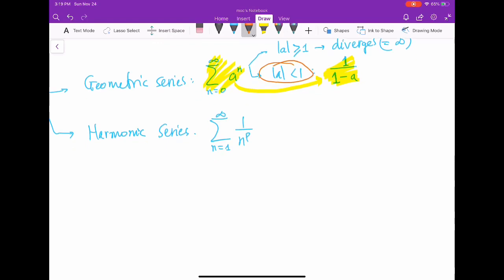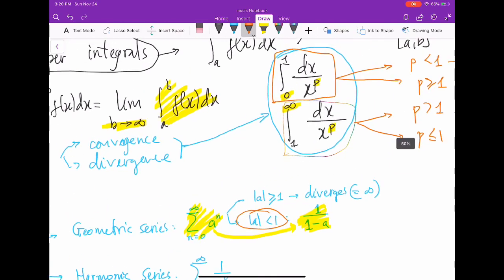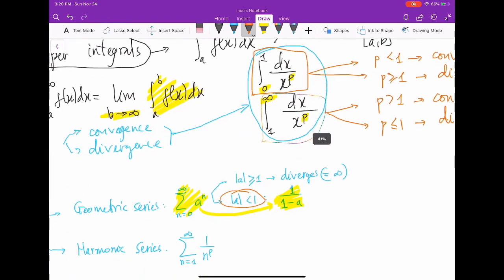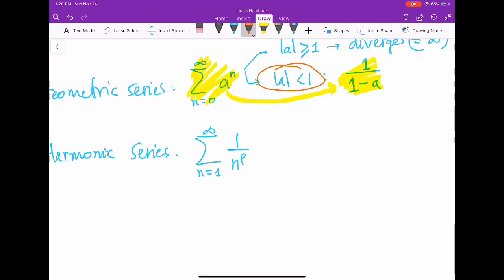About the harmonic series, right? If you pay attention to the integrals, you can see these two improper integrals we're learning here. So the harmonic series looks like those integrals. Basically, they have a very tight connection. This harmonic series converges for p greater than 1, and diverges for p less than or equal to 1.